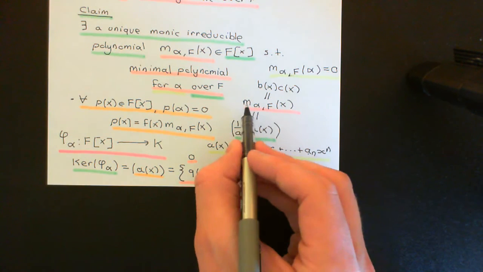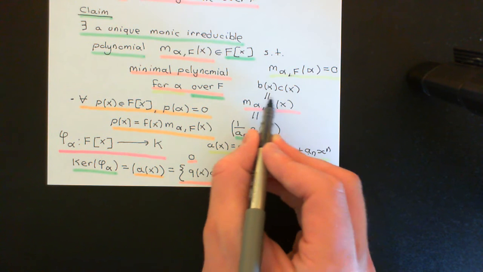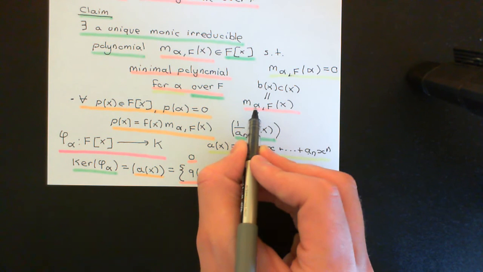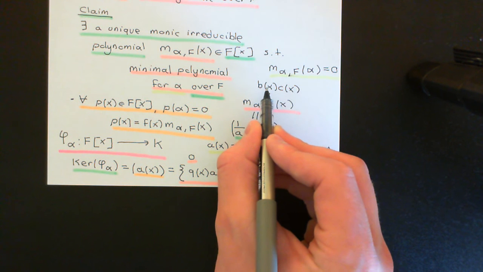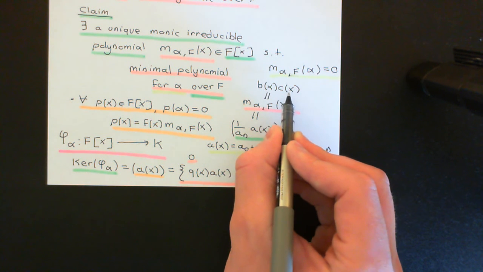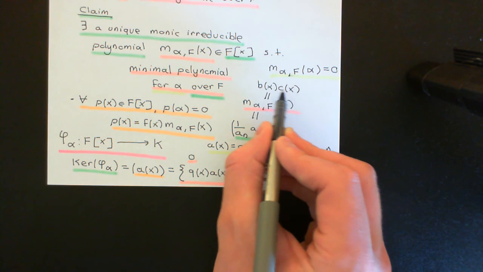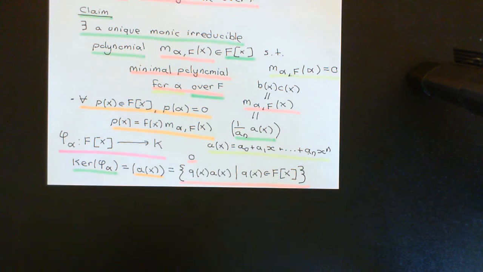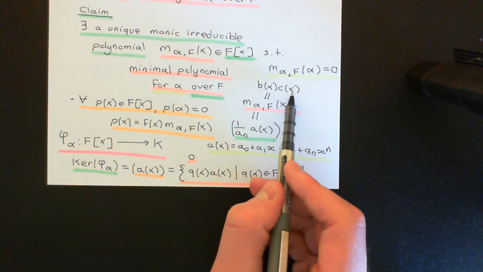Then if you apply the evaluation homomorphism to both sides of this, the evaluation homomorphism applied to the minimal polynomial would give you 0. And then on the other side, you get the evaluation homomorphism applied to b of x times the evaluation homomorphism applied to c of x. Then we'd have two things multiplying together in the field K to give us 0. That would imply that one of these had to be equal to 0.